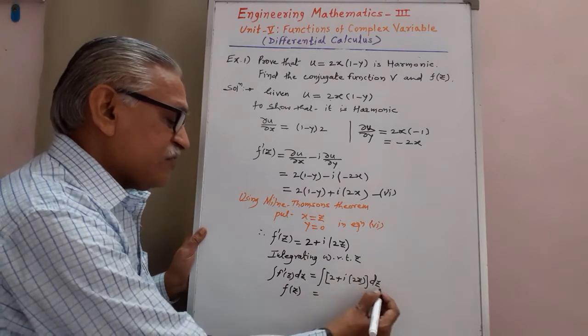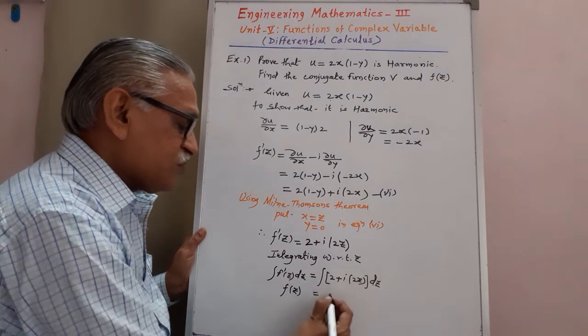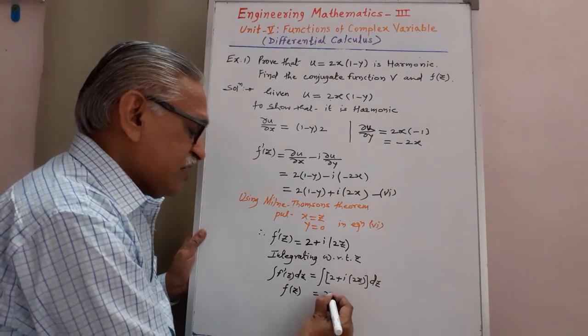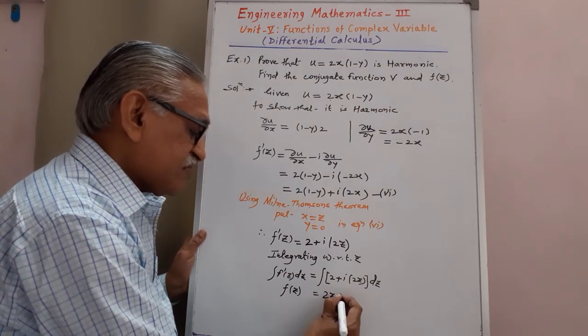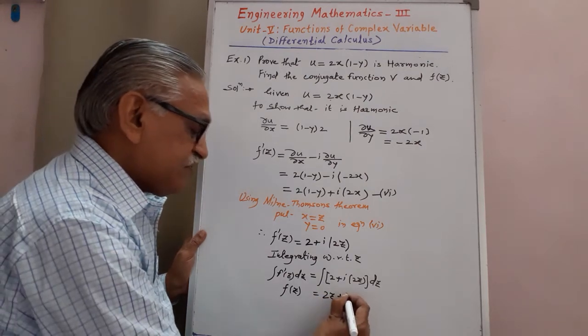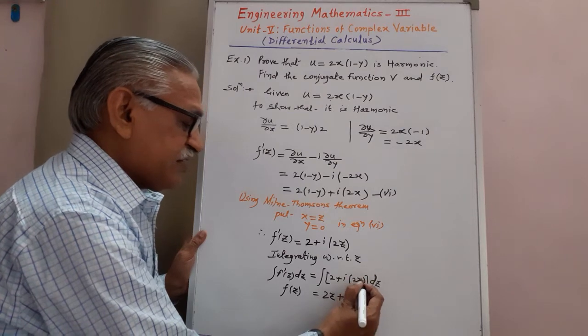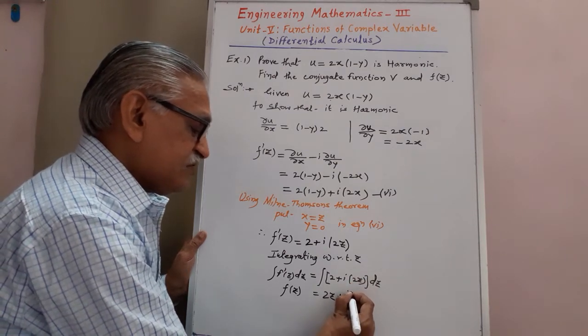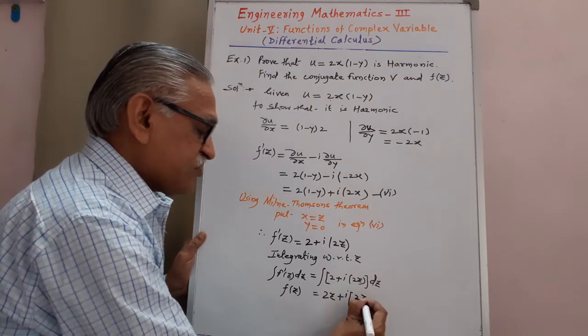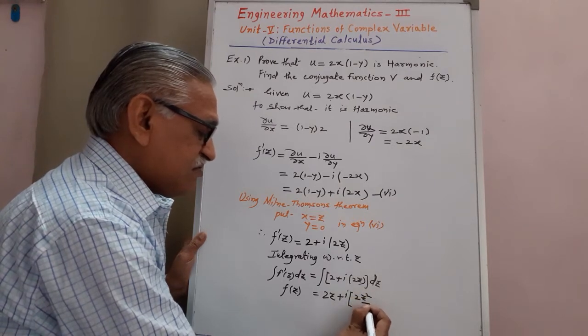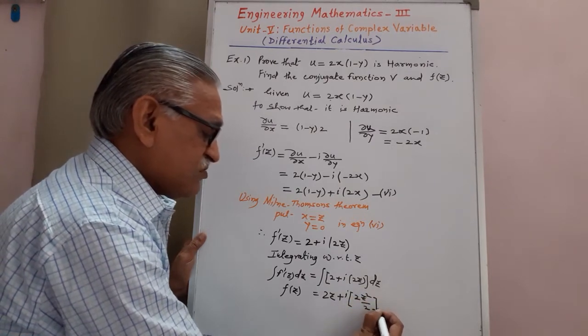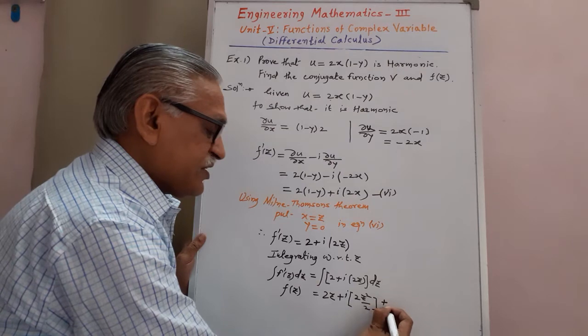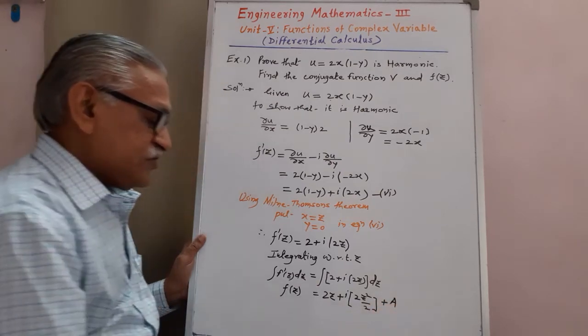Integrating each and every term with respect to z, the integration of 2 with respect to z is 2z, plus i times the integration of 2z, which is 2z squared by 2, and plus a constant of integration, capital A, suppose.